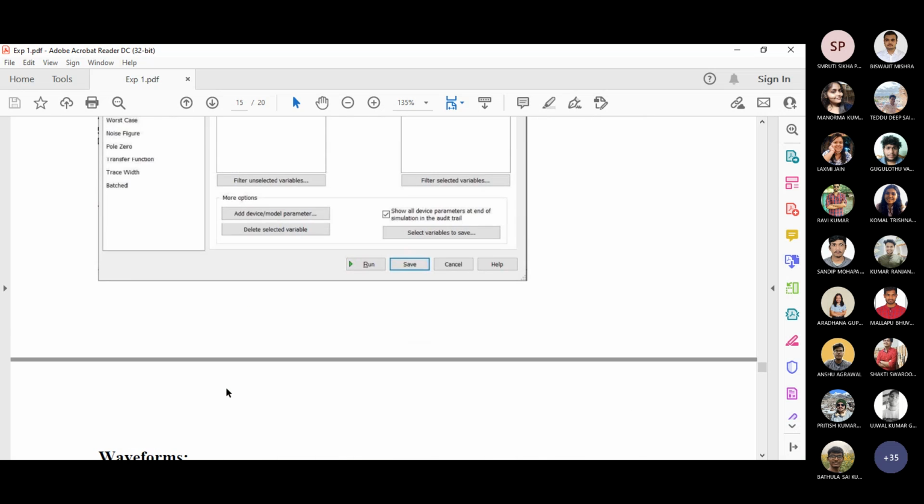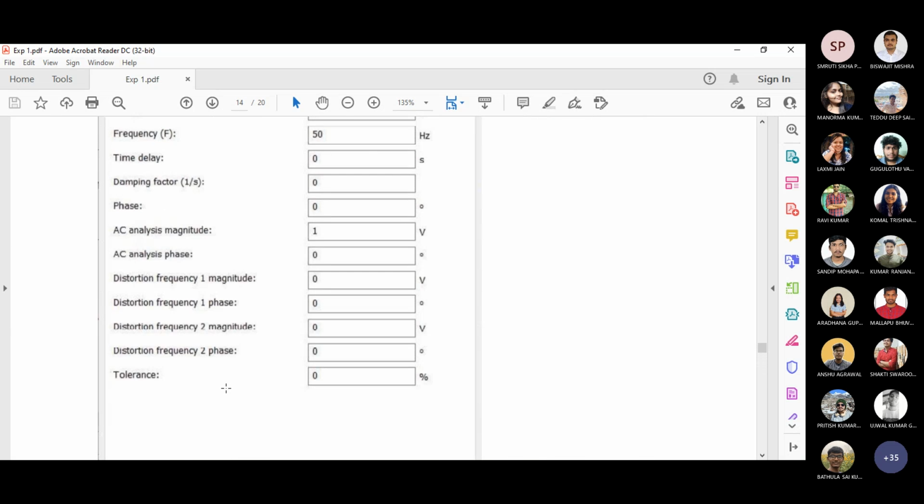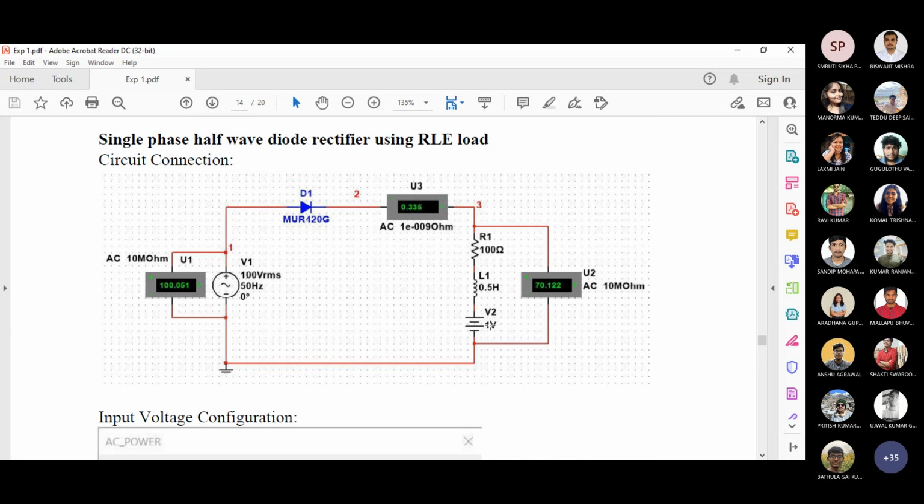So what you need to do is increase it. First check it for 1 volt, then make it 10 volt, 20, 30, 50, 60 volt, and up to 100 volt you can go, and let's see what kinds of response you are getting and what your output voltage is. Again you need to prepare a table. For the RL load, you vary the inductor value.